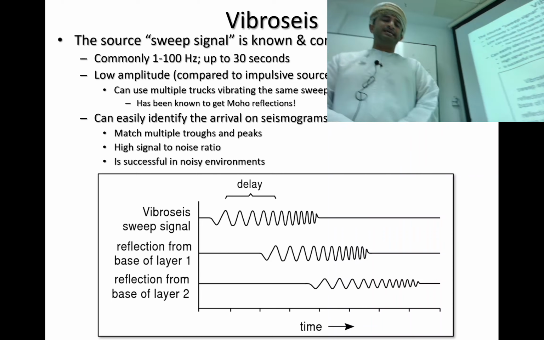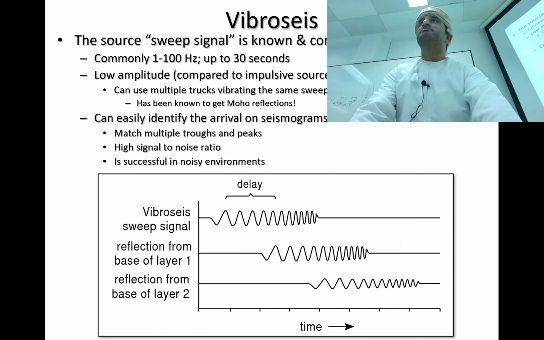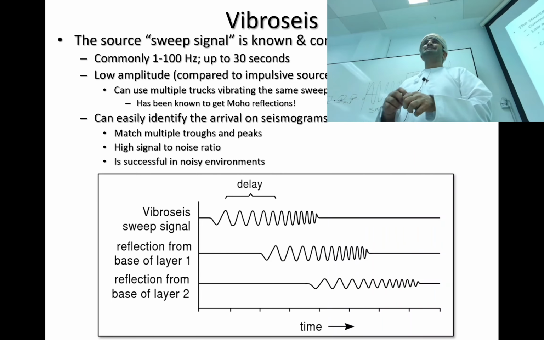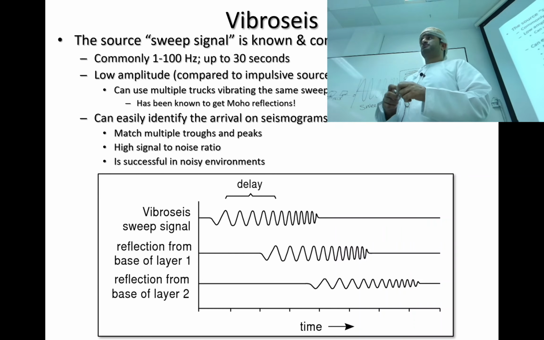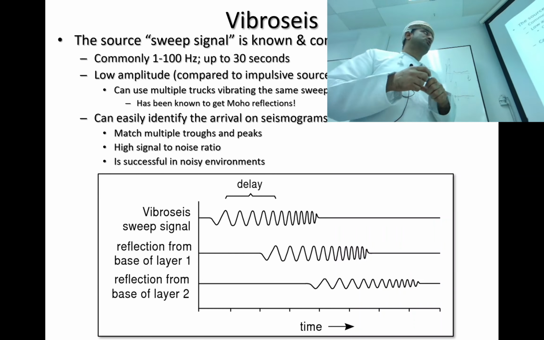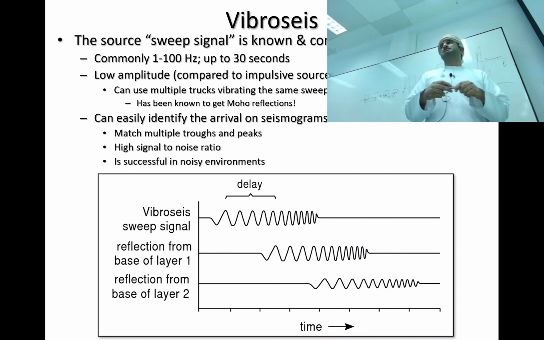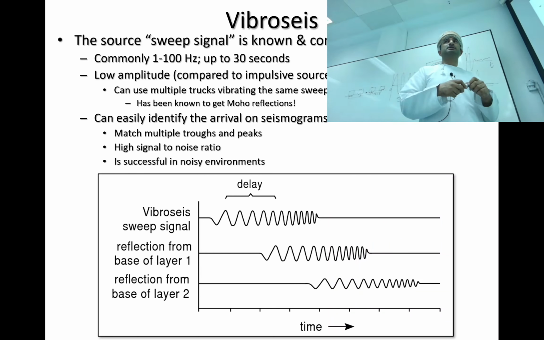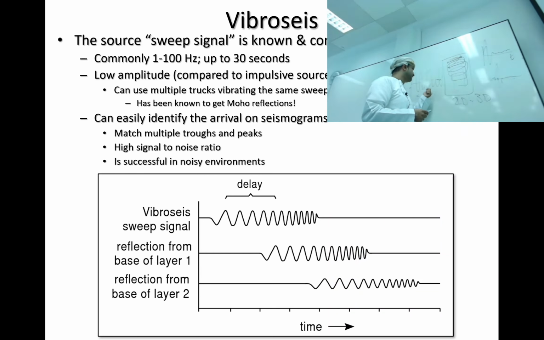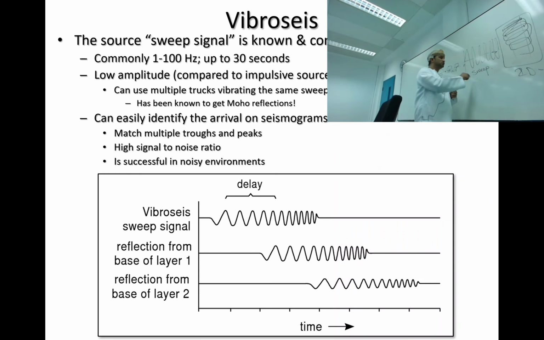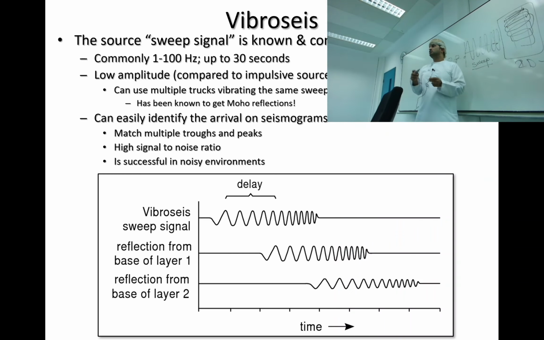So I was saying the signature sent by the vibroseis is non-impulsive. The reason being it's non-impulsive, it has a signal characteristic as shown here. That's what we call a sweep. A sweep could be upsweep or downsweep.